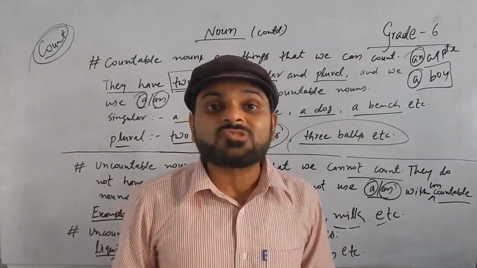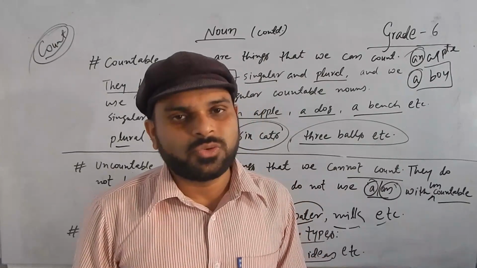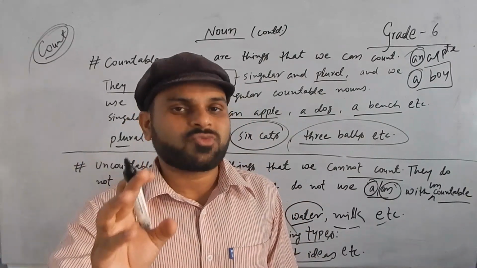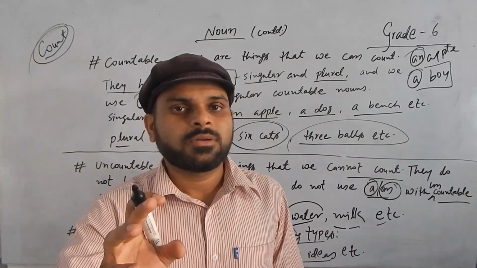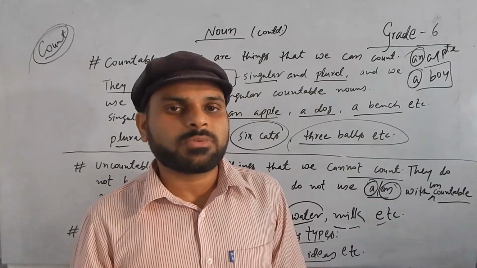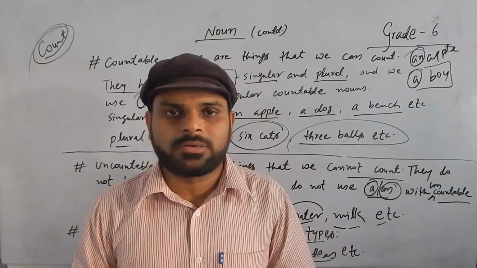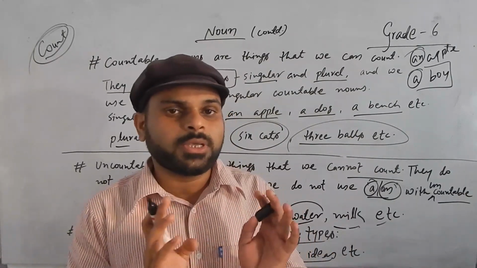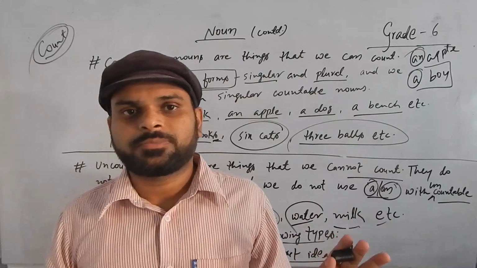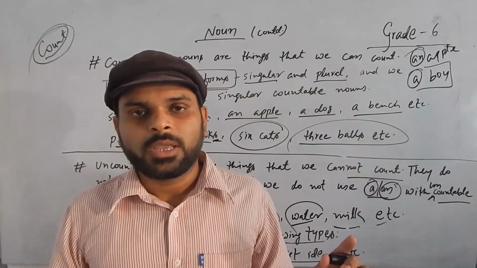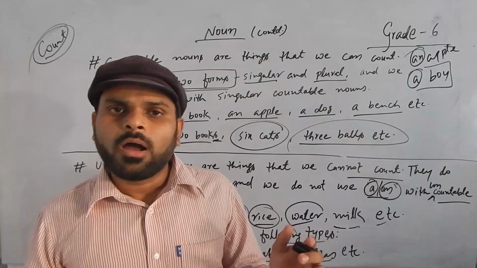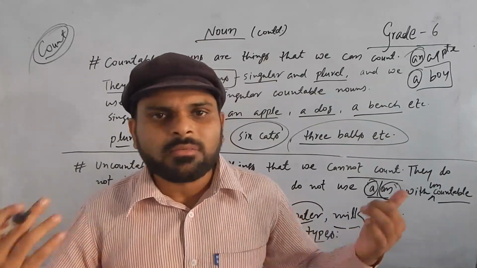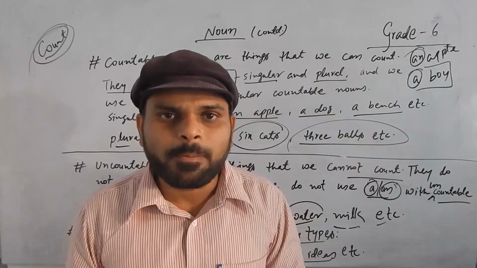But what are abstract ideas? What I told you about abstract nouns, remember it. What are the examples of abstract nouns? They are the things that can be felt, that cannot be counted. If you have pain, you will feel that I have some pain.